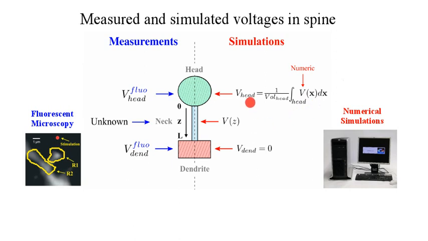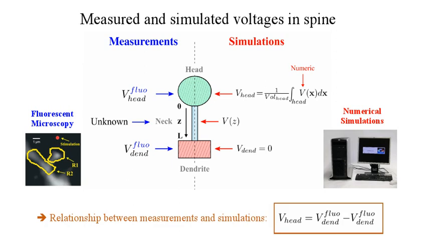So here the voltage in the head, in this case, will be given. And we can always assume that the voltage in the dendrite is 0 because the voltage is defined up to a constant, so we can subtract a constant even if the constant depends on t. And this is unimportant in the Poisson-Nernst-Planck equation because it disappears.